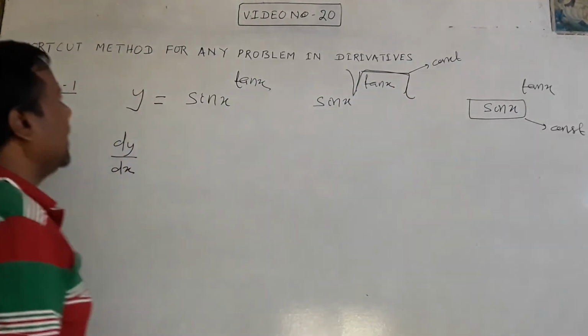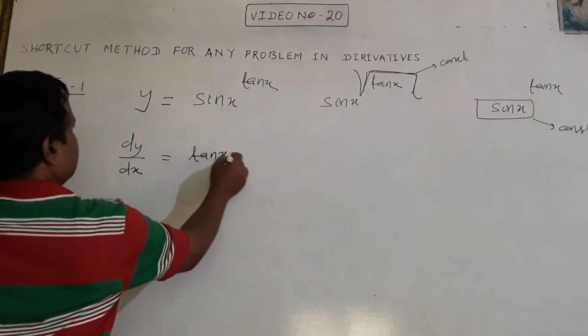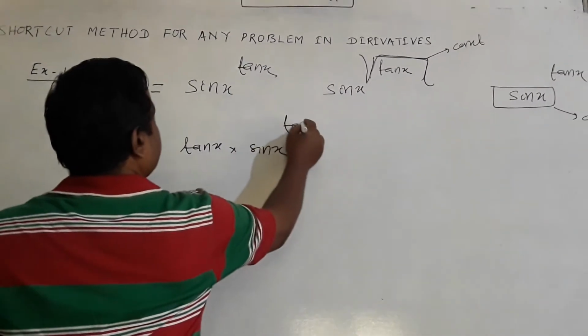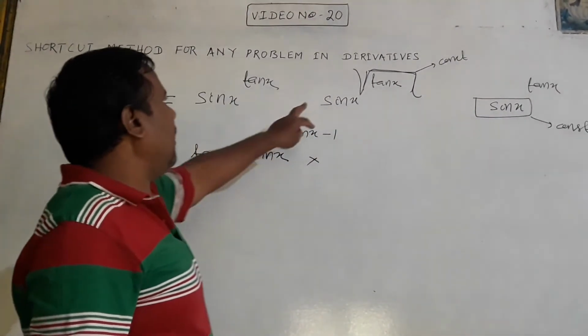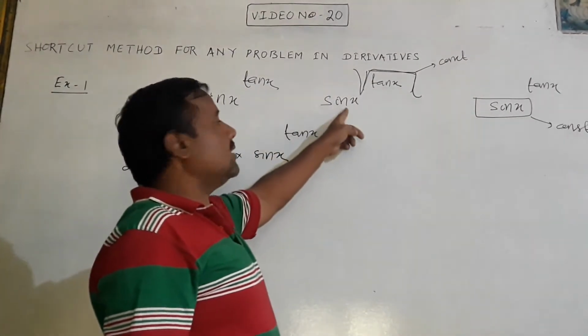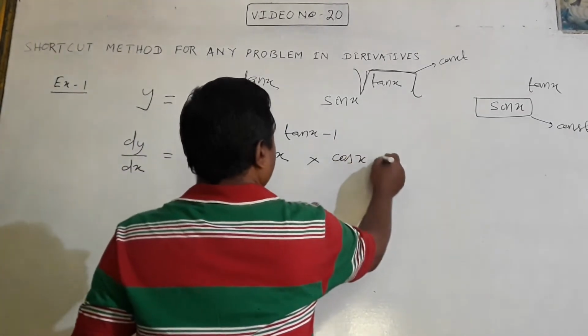So this becomes n, meaning tan x, into sin x to the power tan x minus 1, into the derivative of the variable. Here the variable is sin x, so it is cos x, plus.